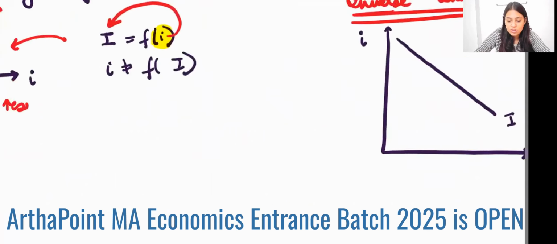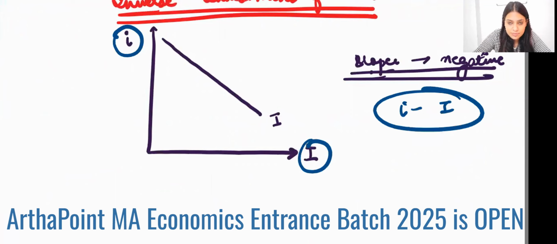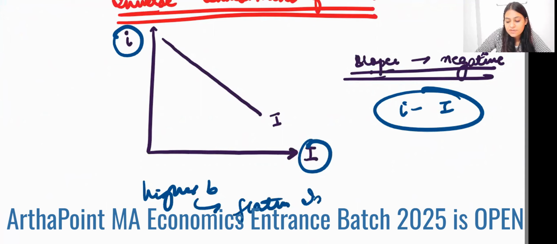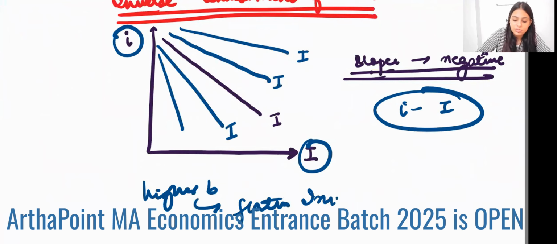So if I go here and I check in the interest investment plane, then the higher the b, the flatter is my investment curve. So this is higher b, this is even higher b, this is lower b, this is even lower b, and this will make sense to you.